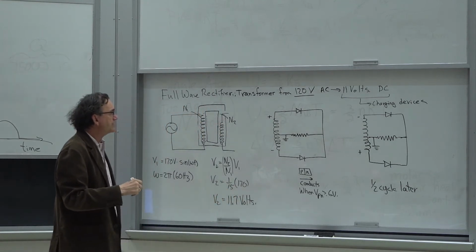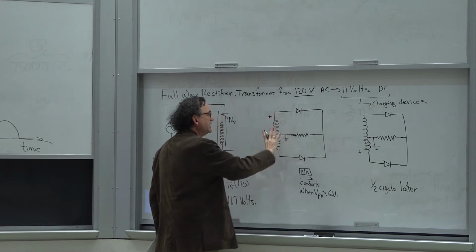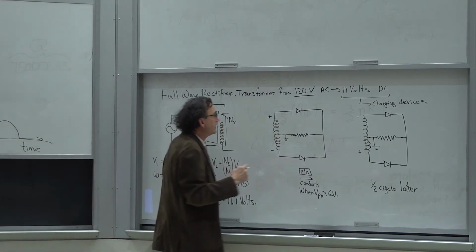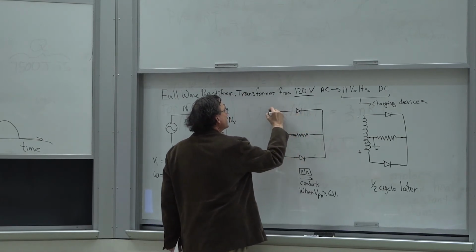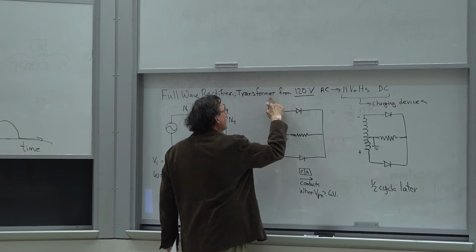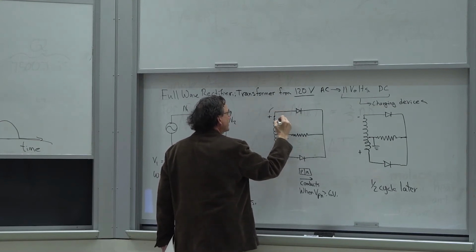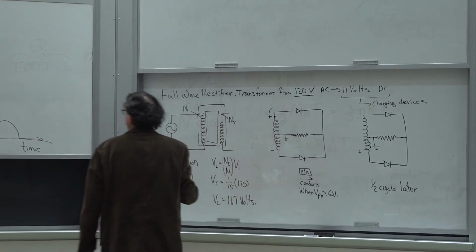In the positive half of the cycle, when the AC voltage has gone positive on this side and negative on the other, with respect to ground, then this diode becomes conducting when this positive voltage gets above, let's see if I can do this in a way that's consistent.